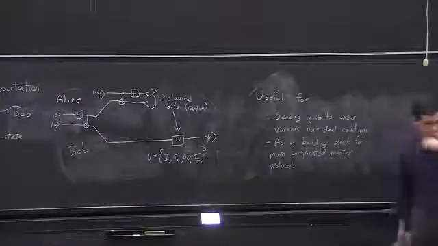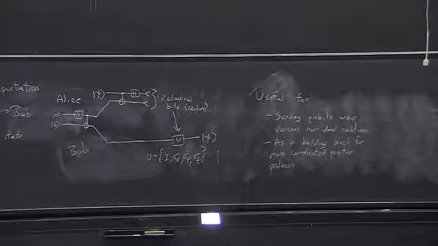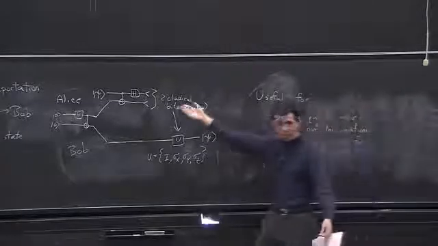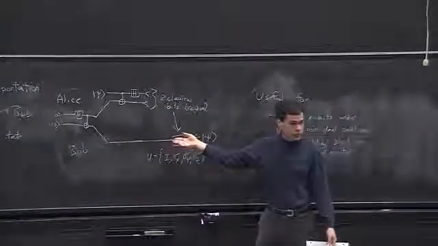So for instance, there are various ways to modify quantum teleportation or use related protocols to do computations beyond just sending the qubit. And in that case, you don't really care that Alice and Bob are in separate locations. They can be right next to each other.